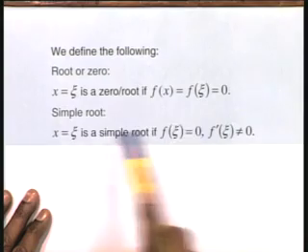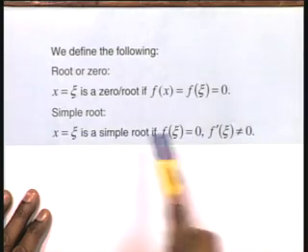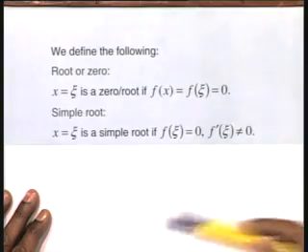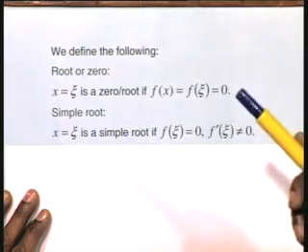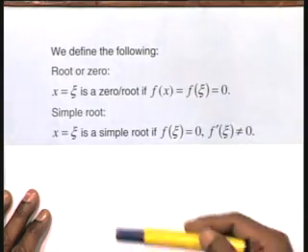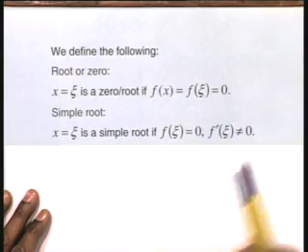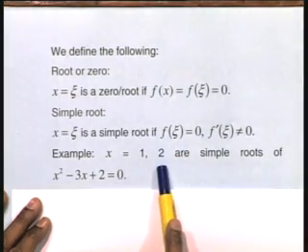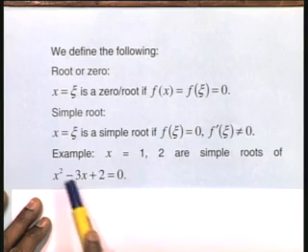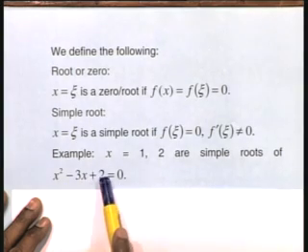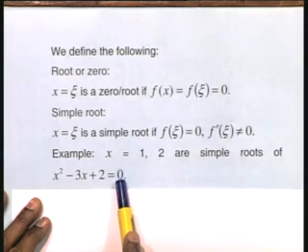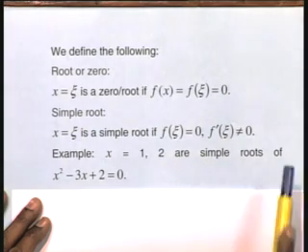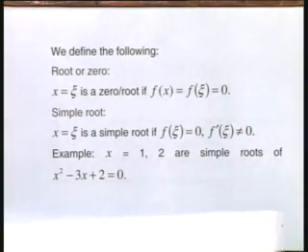Its first derivative at that value is not equal to 0. Therefore, x is equal to xi is a simple root. That means if you are factorizing the given polynomial or a given function, you can take out the factor x minus xi as a simple factor. For example, x is equal to 1 and 2 are the simple roots of x square minus 3x plus 2, because I can write it as x minus 1 into x minus 2. Therefore, I will say that x is equal to 1 and x is equal to 2 are the two simple roots of this particular equation.